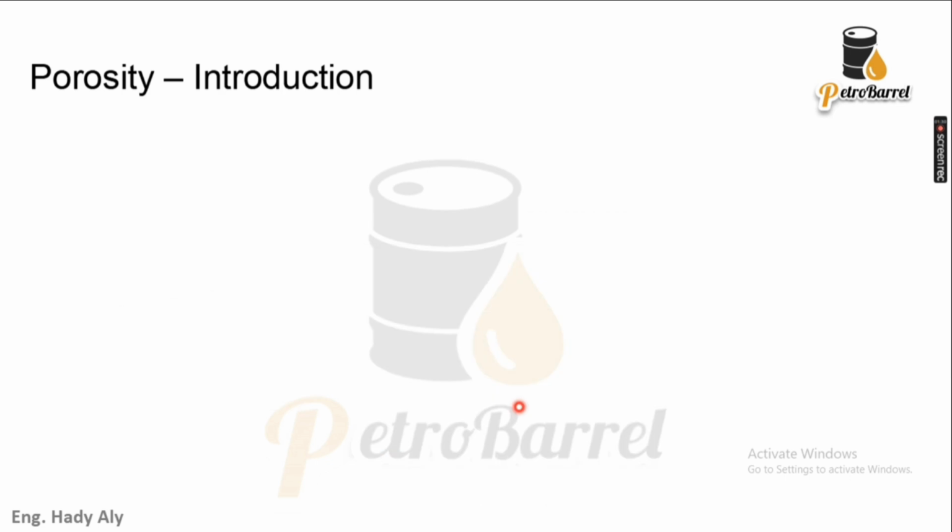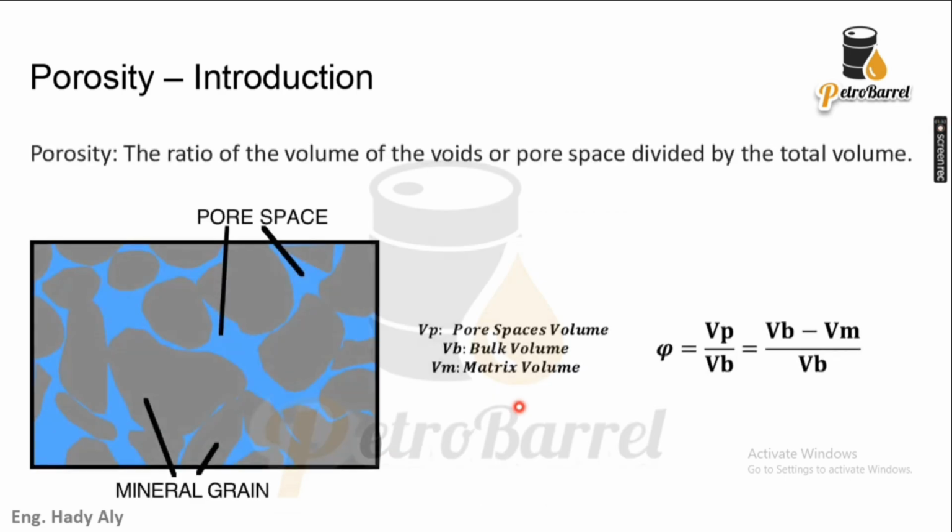So based on the equation of the porosity, porosity is equal to the pore space volume divided by the bulk volume or total volume. And also I have the pore space volume equal to the bulk volume minus matrix volume. Why? Because simply I know that the bulk volume is the total volume, which is equal to the pore space volume plus the matrix volume.